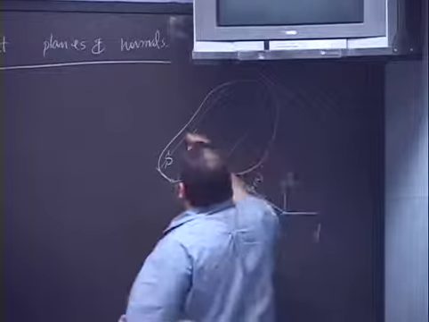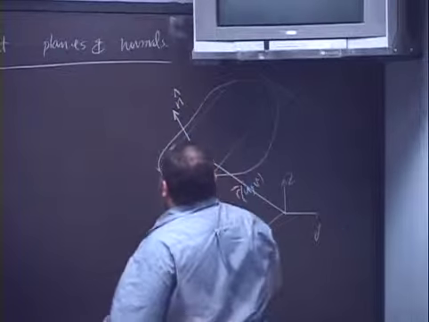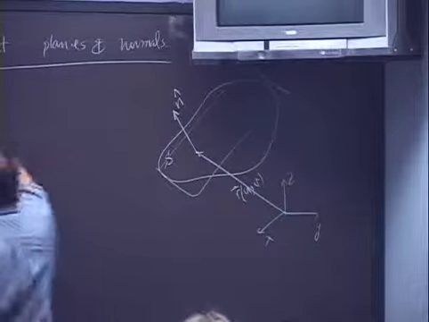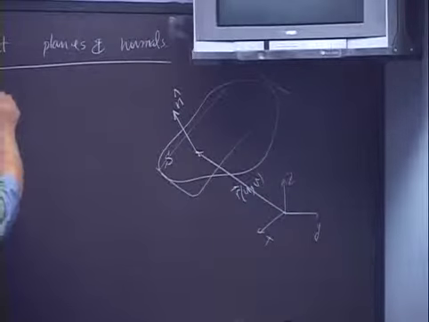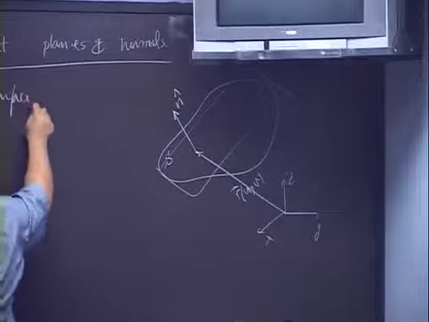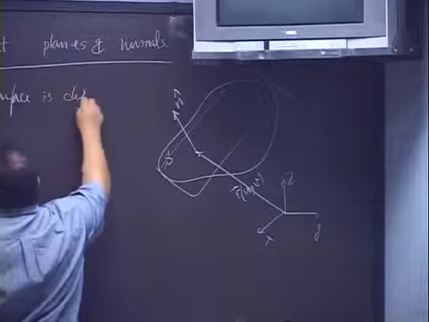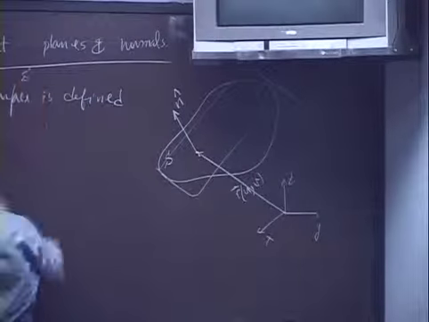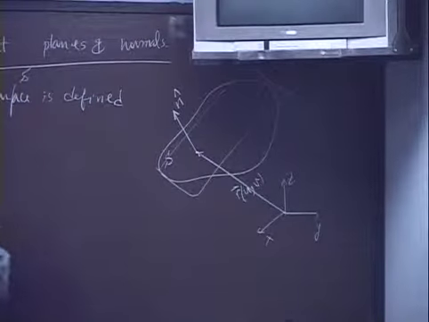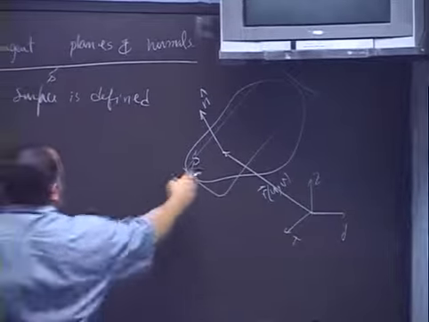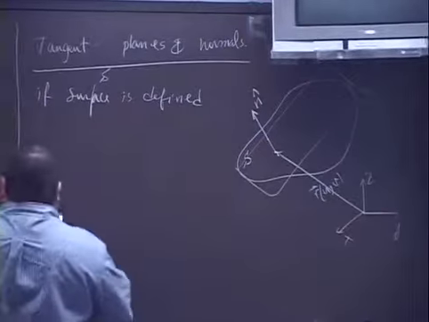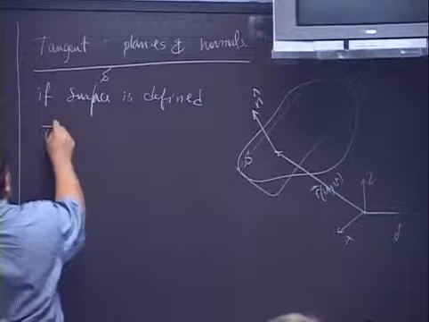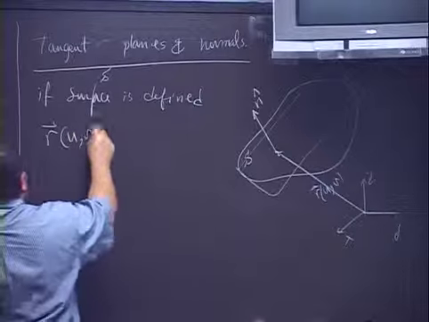Here is the normal to the surface, and the surface S is defined parametrically, for example, with the point R here on this surface as a function of u and v.